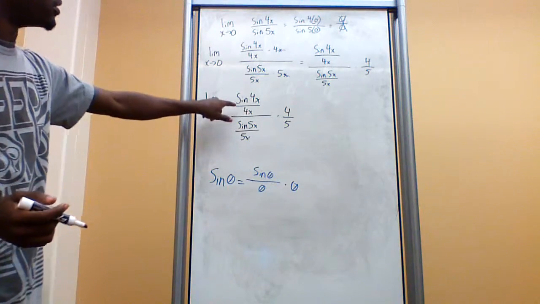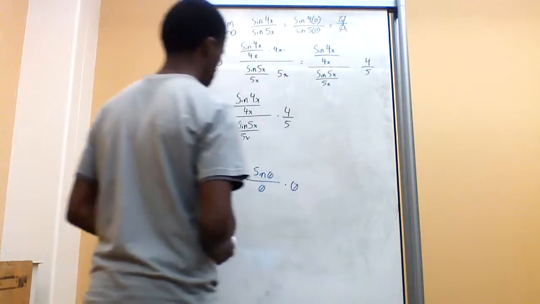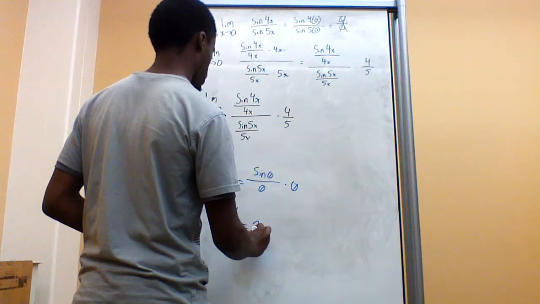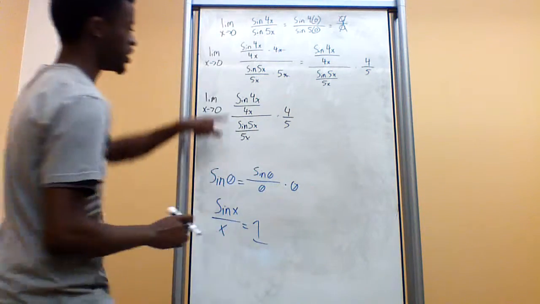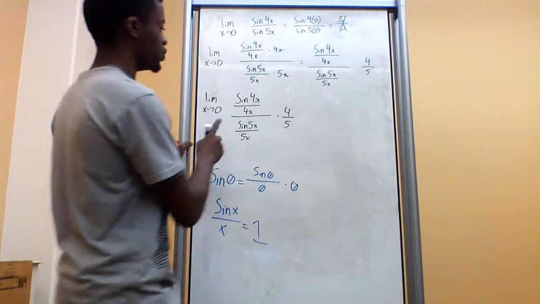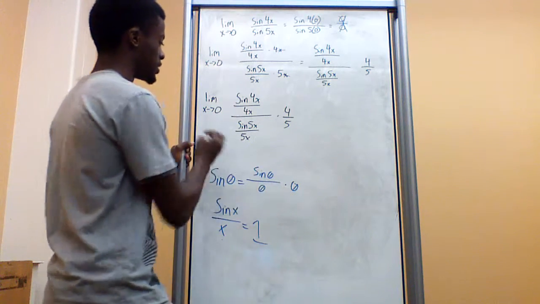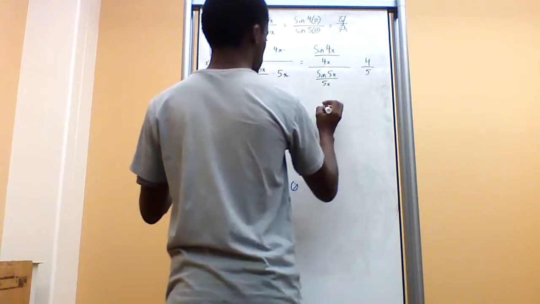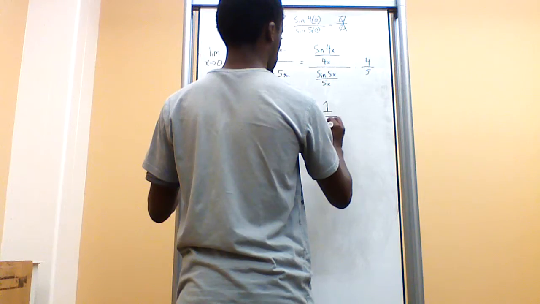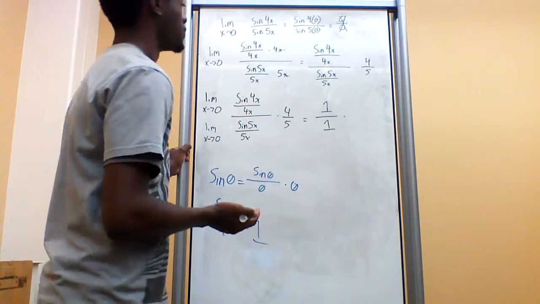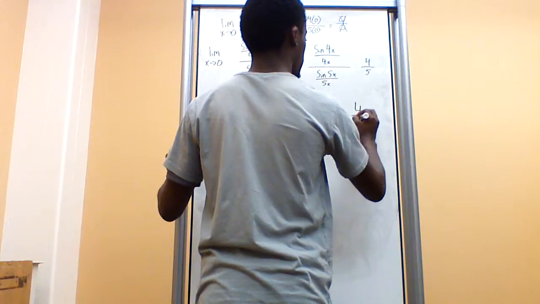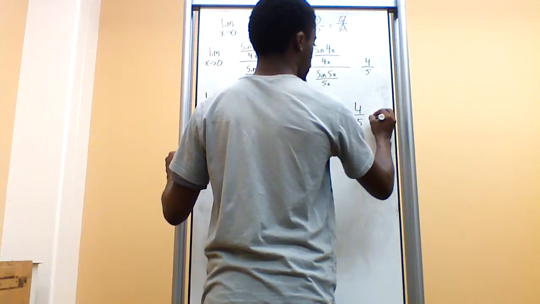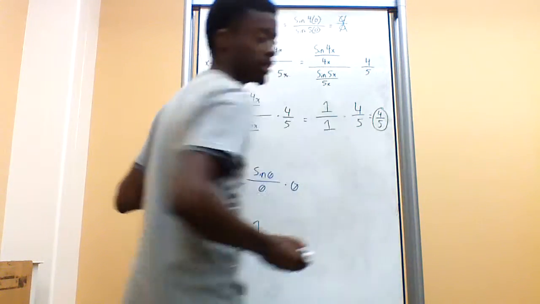And since we have the form sine x over x equals 1, since we know this, then we can go ahead and change both of these to find the limit of each. And this is going to change into 1 over 1 times 4 over 5. And this is equal to 4 over 5. And that's your answer.